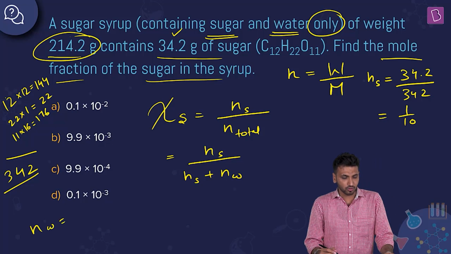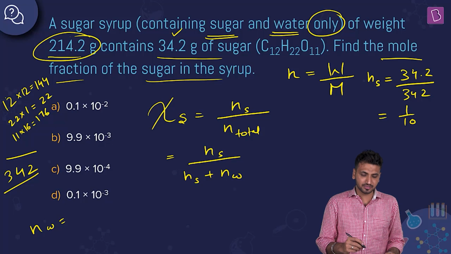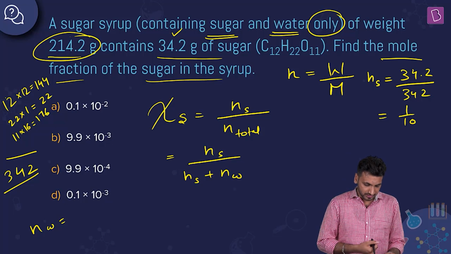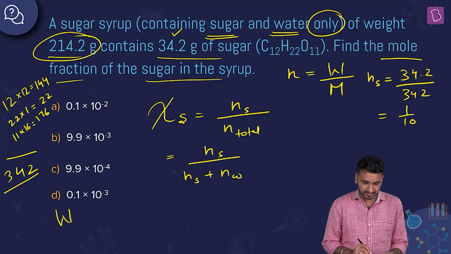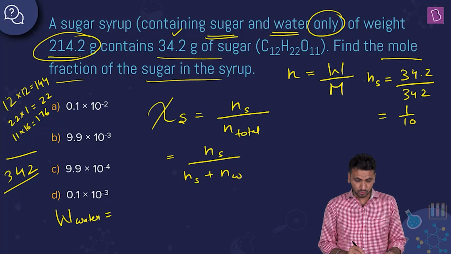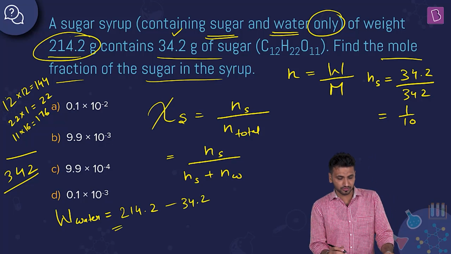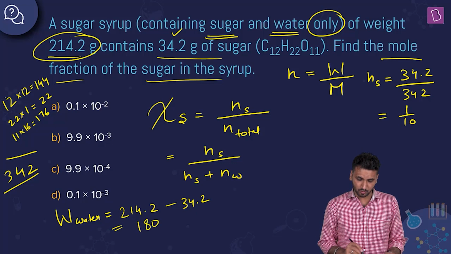So for moles of water, what do we need to do? We have to subtract the mass of sugar from the mass of solution. So let's first calculate the weight of water, the given mass of water. 214.2 minus 34.2 is 180 grams.